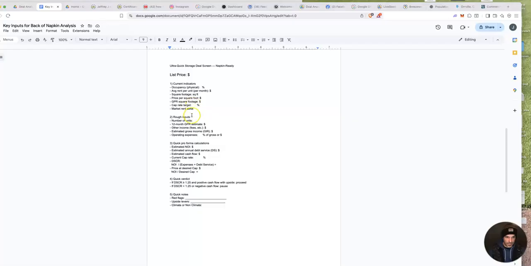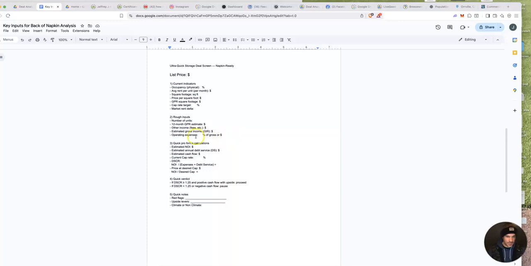again, your target cap rate we're going to put in here, and I'm going to go through this in a second. Number of units, essentially getting again to our gross potential rent, and any other income. Again, back of a napkin analysis, we might not have this information, or it could be very nominal at this point.